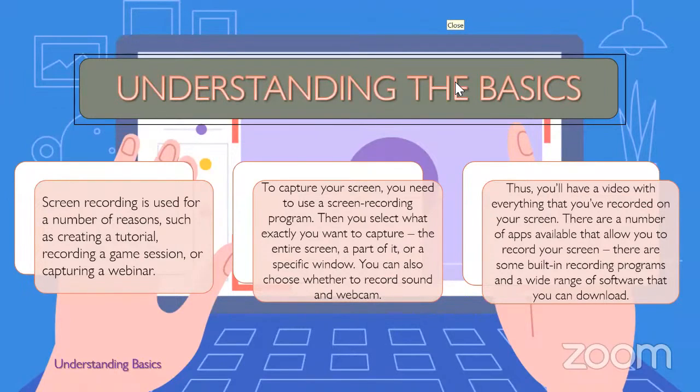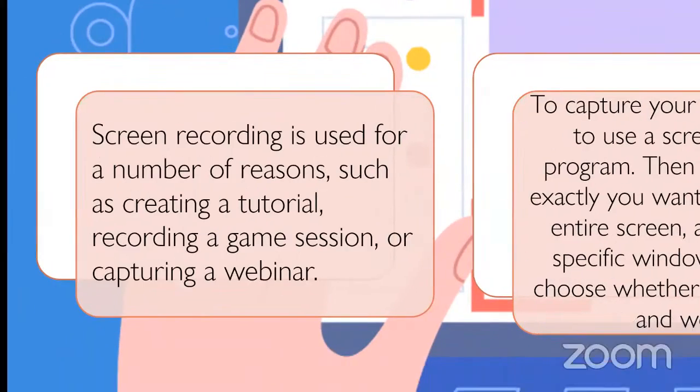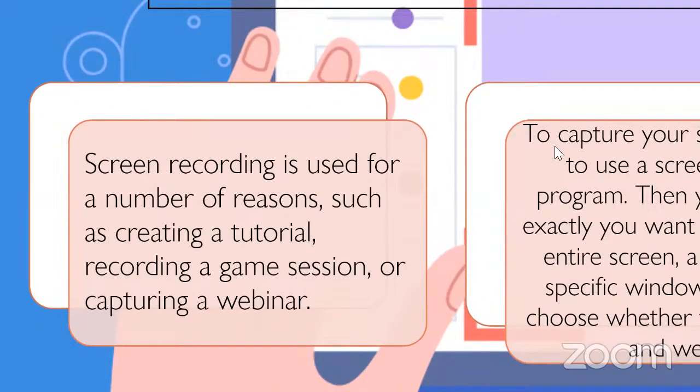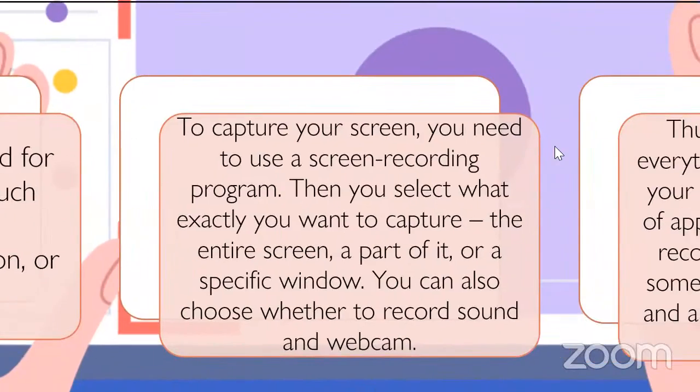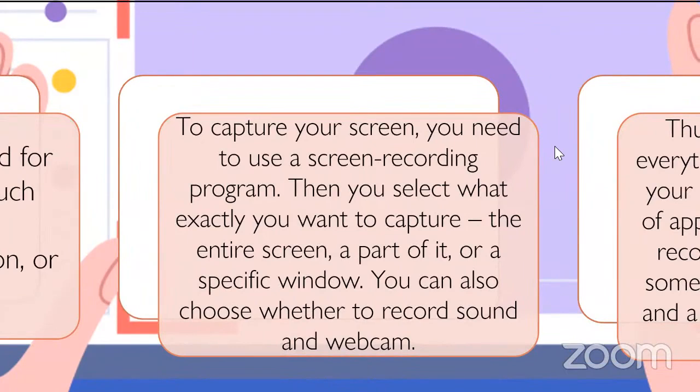Understanding the basics. Screen recording is used for a number of reasons, such as creating a tutorial, recording a game session, or capturing a webinar. Okay, go on there. To capture your screen, you need to use a screen recording program. Then you select what exactly you want to capture: the entire screen, a part of it, or a specific window.